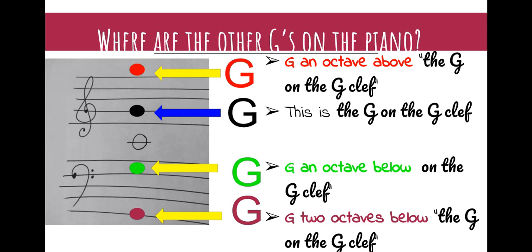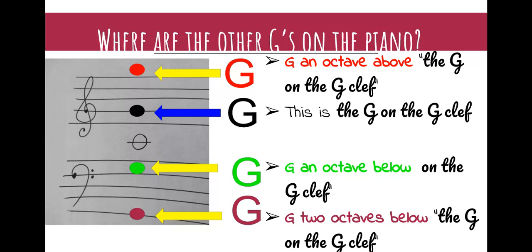And then just below middle C, we have the G which is an octave below the G from the treble clef, the G clef. And then an octave below that, we've got the other G. So what you can notice is that the G that sits on the G clef is on the second ledger line on the treble clef. And then if you go to the very bottom ledger line on the bass clef, that's where we have the G which is 2 octaves below.